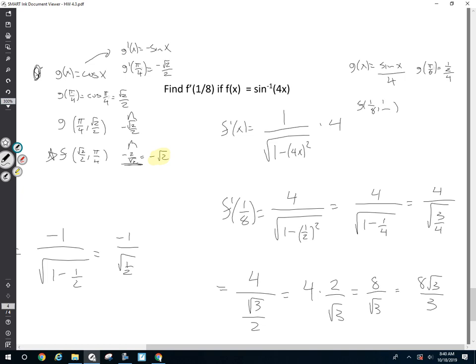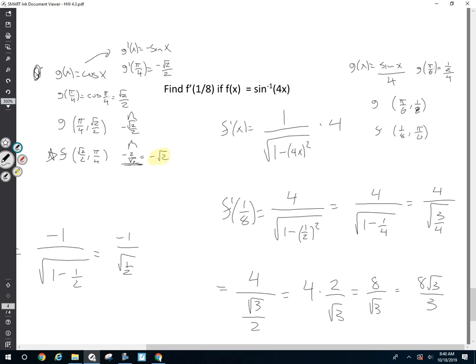So g has got the point pi over 6, comma 1/8. F has got the point 1/8, comma pi over 6.